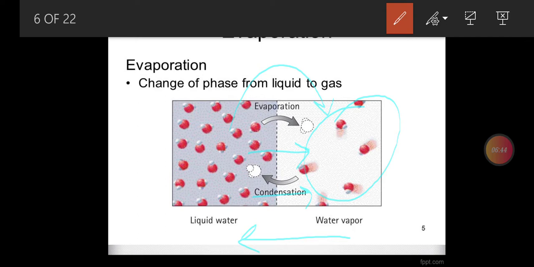So it is the change of phase from liquid to gas, and as the temperature increases, the rate of evaporation increases. So there is a direct relationship between temperature and evaporation. If the temperature increases, the kinetic energy increases, and the molecules can escape from the surface of the liquid and exist as vapors. And as soon as the kinetic energy decreases, they can condense back to liquid state as well.